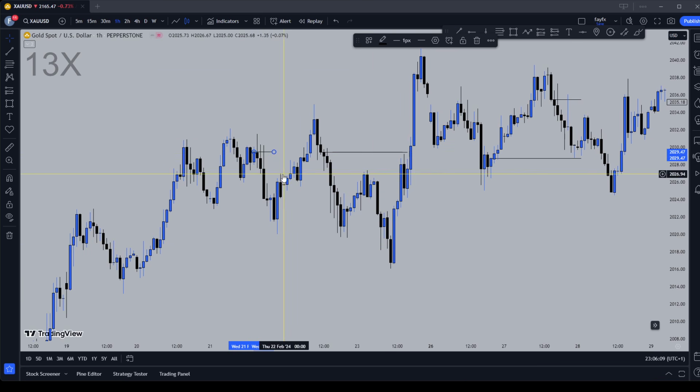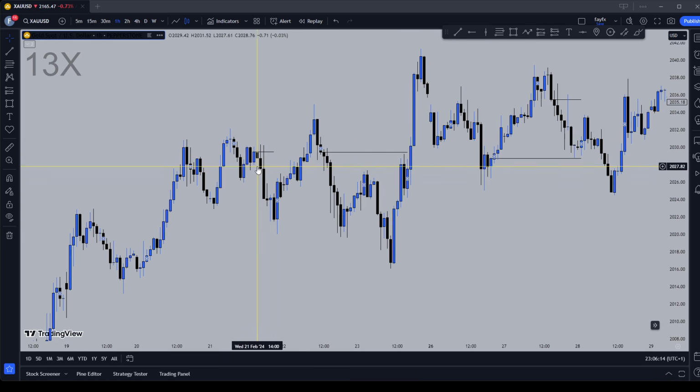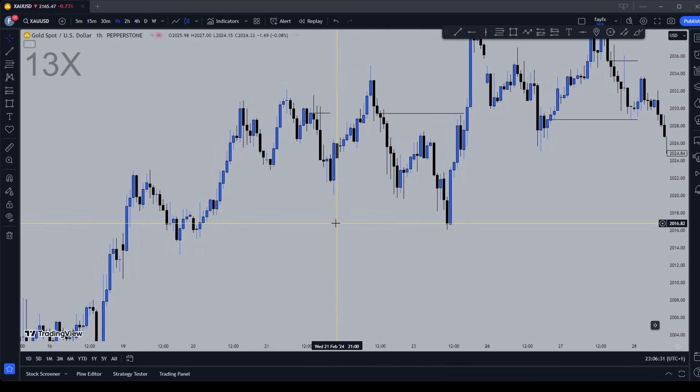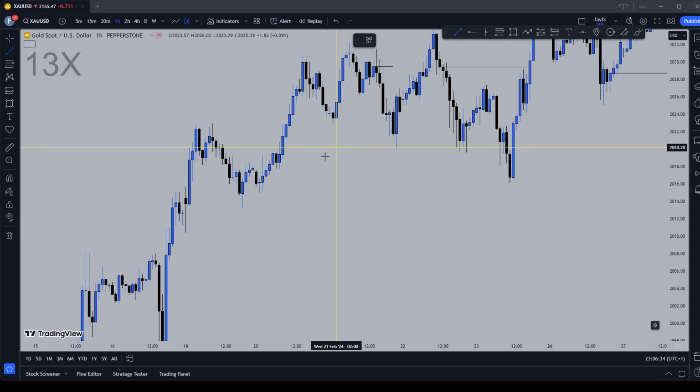Let's see here. A level, after the creation of that level, this candle came up to that level and continued its direction down. And later on, price came up, touched that level another time and went down. The market is full of examples. See here, a bearish gap, a bearish CC.